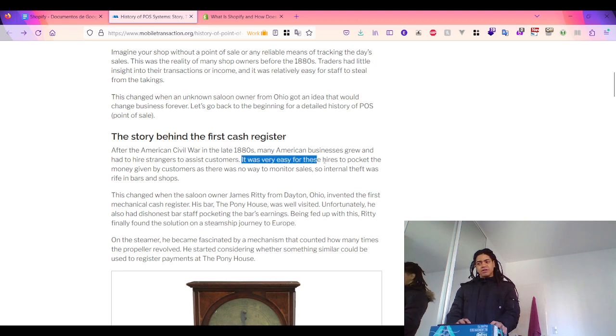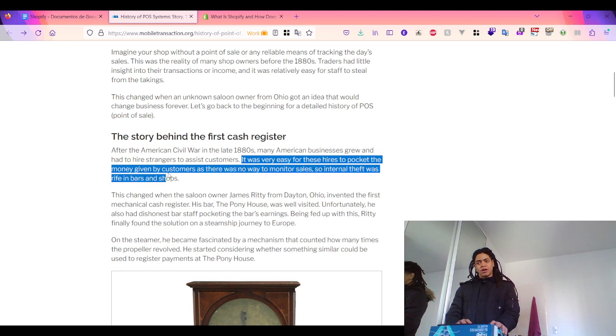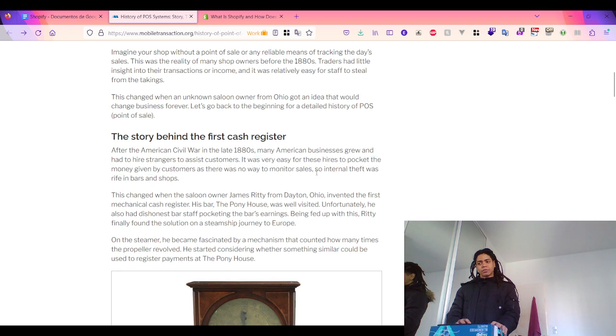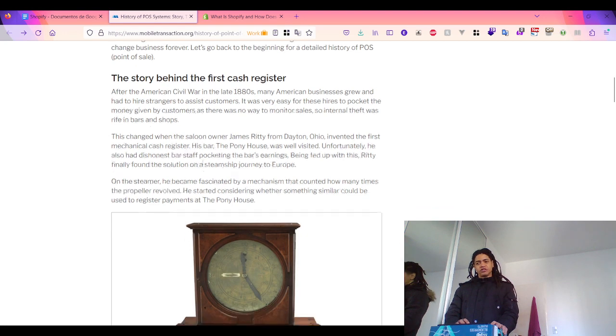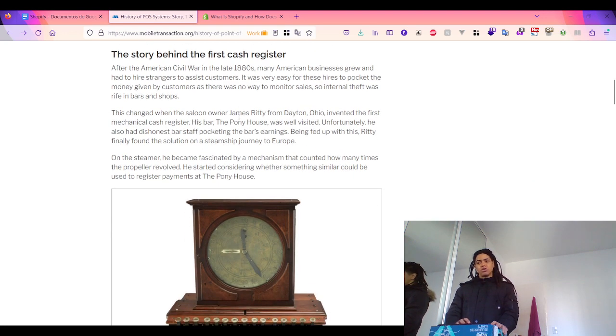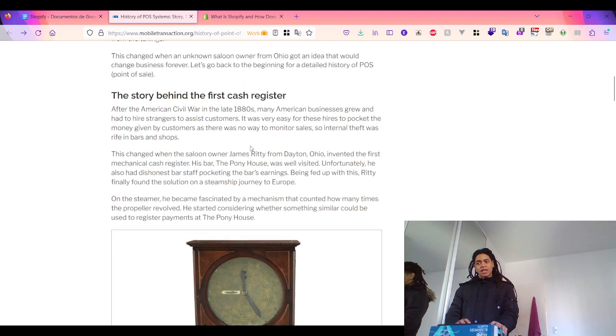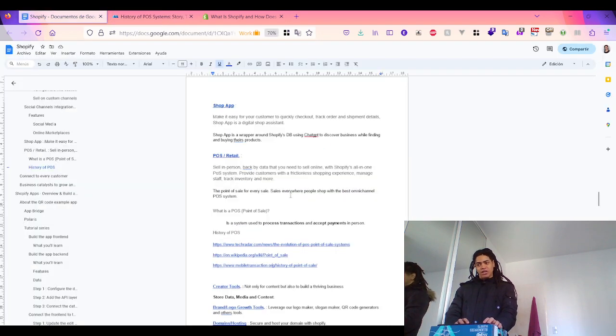It was very easy for these hires to pocket the money given by customers, and there was no way to monitor sales. So internal theft was rife in barber shops. This changed when the saloon owner James Ritty from Dayton, Ohio, invented the first mechanical cash register.